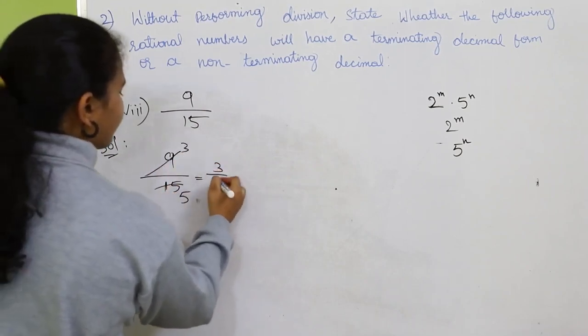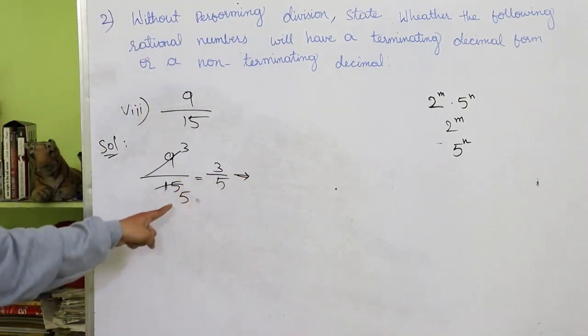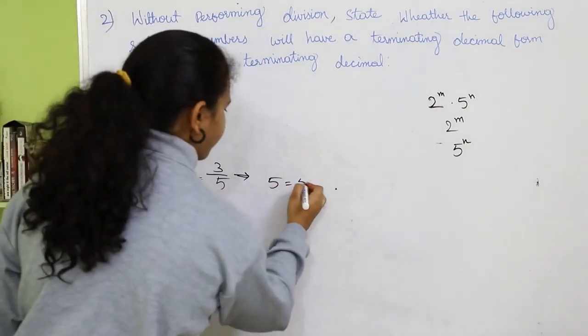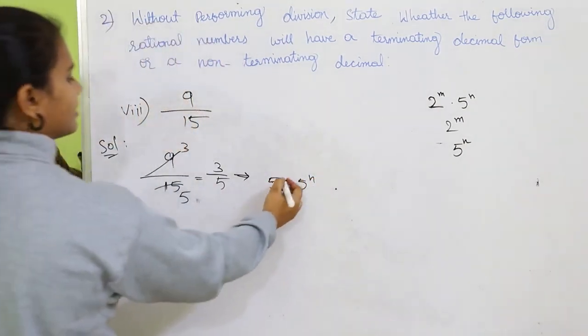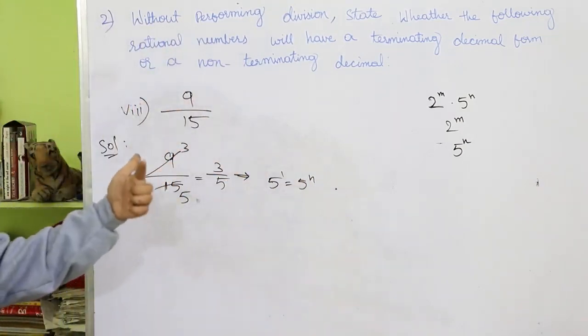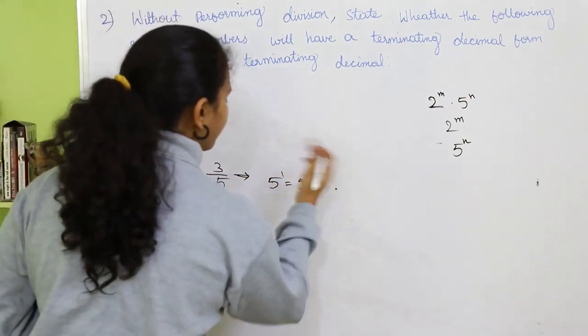This becomes 3 by 5, where we must consider only the denominator, right? So 5 is of the form 5 power n. If you are not seeing the power, we can imagine 1 over here. So this becomes 5 power 1.